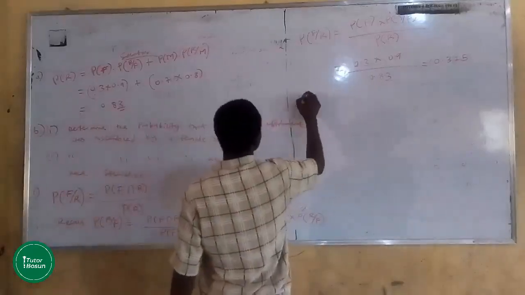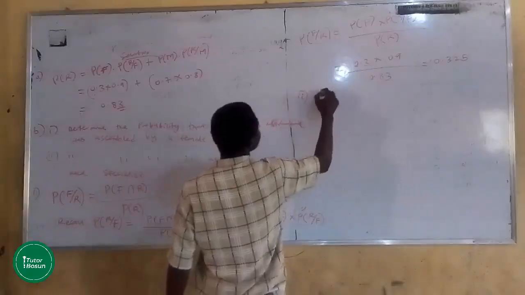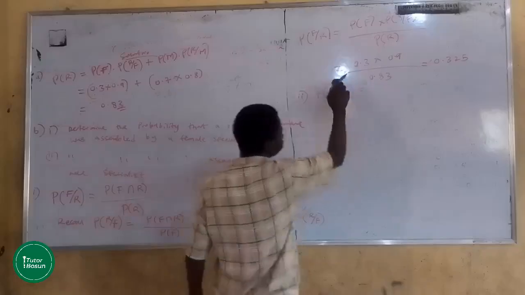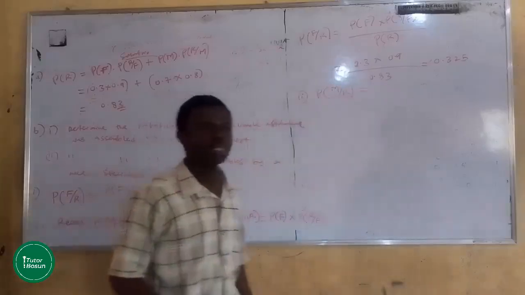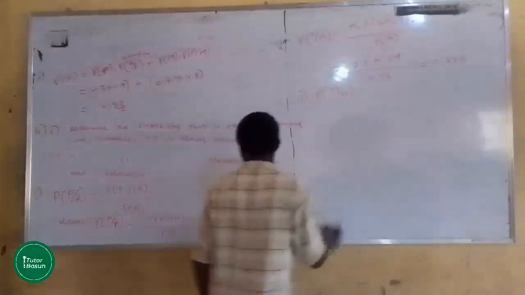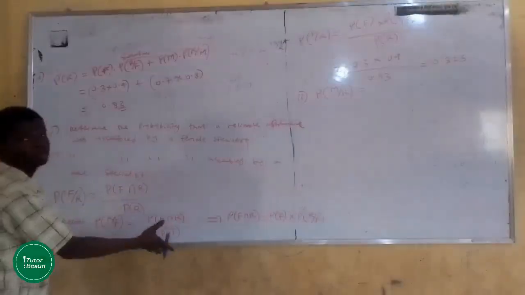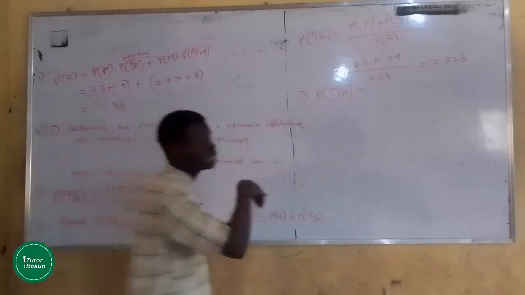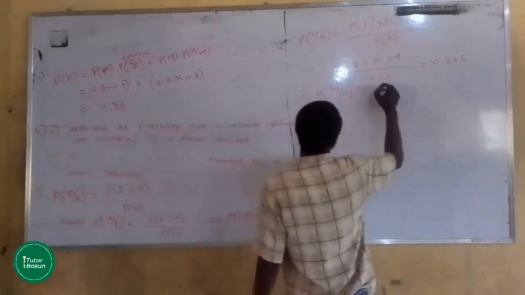Similarly, I want to determine the probability that it was assembled by a male, given that it is already reliable. We don't need to go through all this stress again, since I already proved how we got that formula. So let me just replicate it.